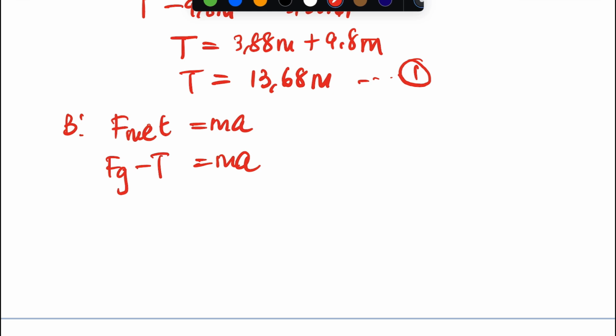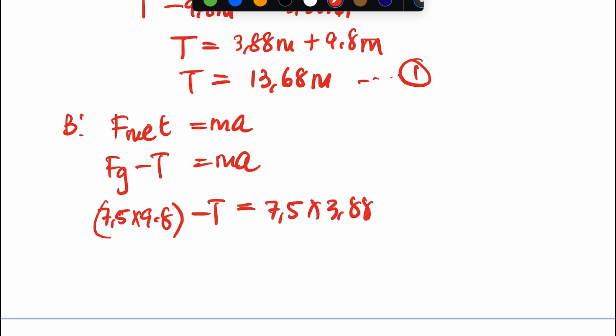It's very important. So our Fg is going to be 7.5 times 9.8, minus T is equal to our mass 7.5 times 3.88.